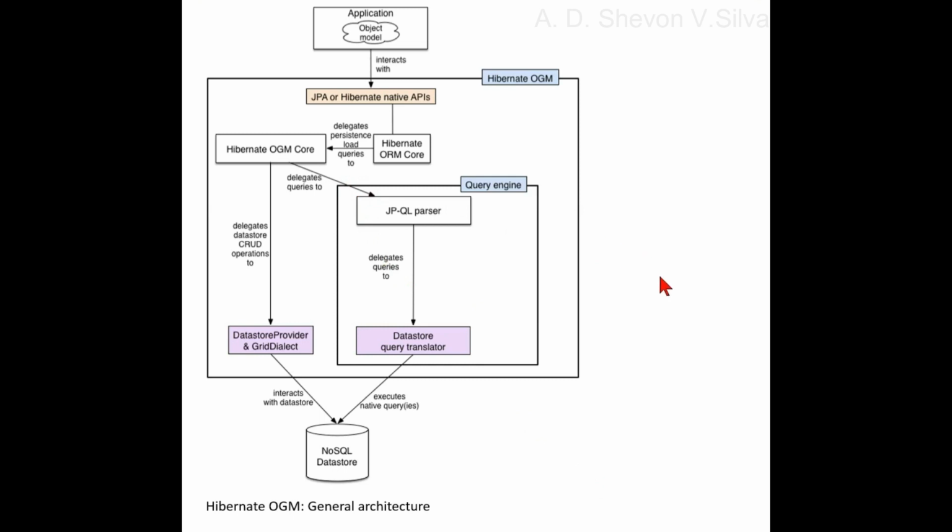The particularities between NoSQL stores are abstracted by the notion of a data store provider and grid dialect. Data store provider abstracts how to start and maintain a connection between Hibernate OGM and the data store.